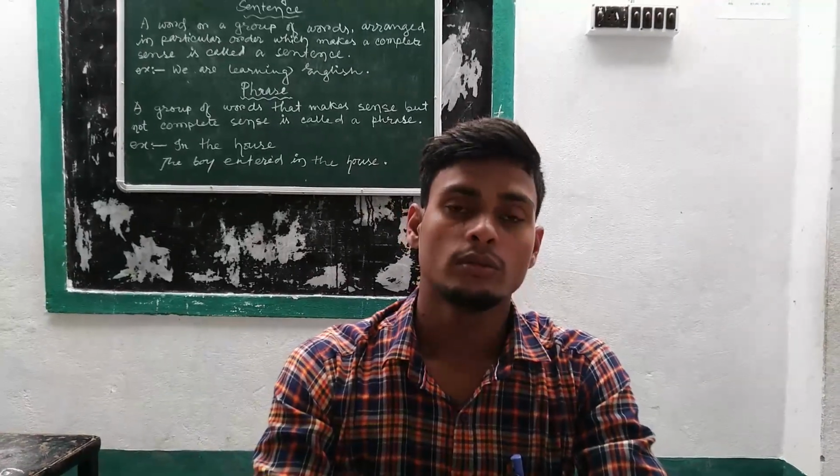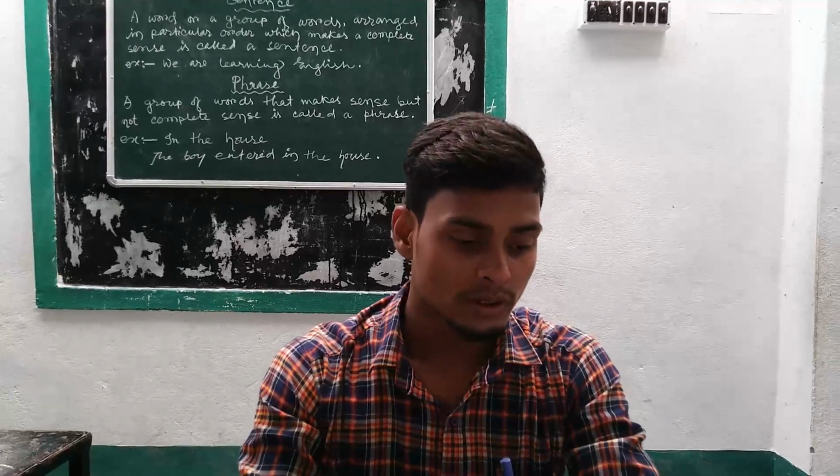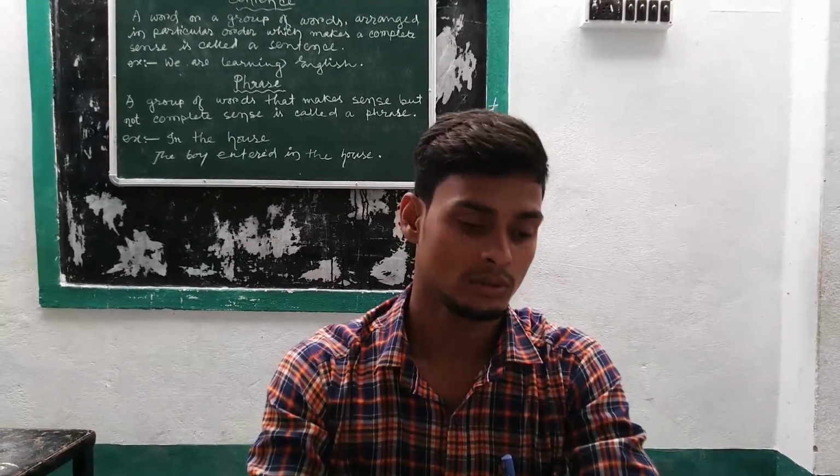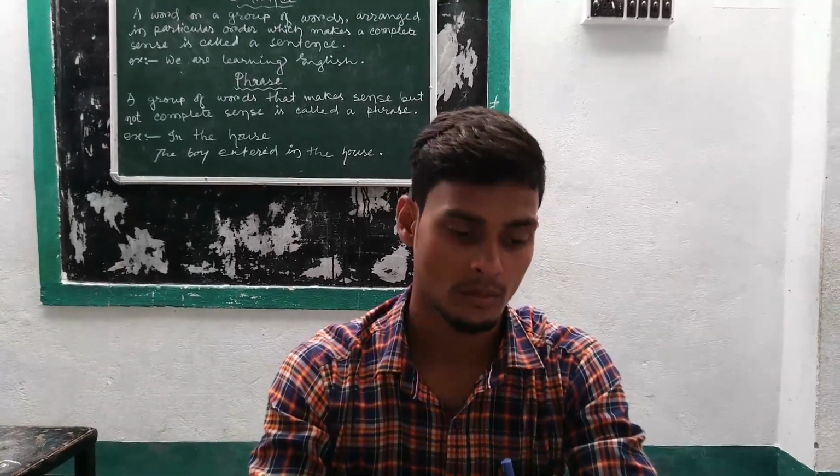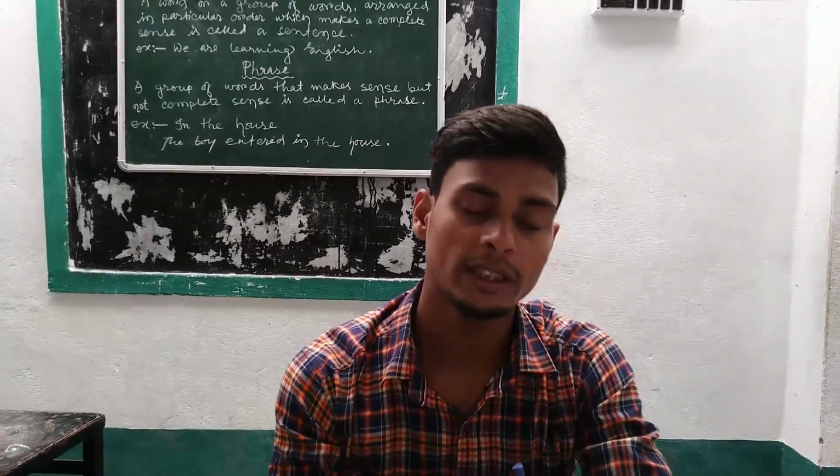And now we are going to discuss the features of interrogative sentence. Usually when we write an assertive sentence, we put the subject in the beginning, after then the verb part, and at last the object part, after then others.